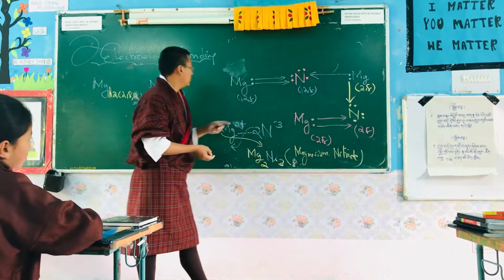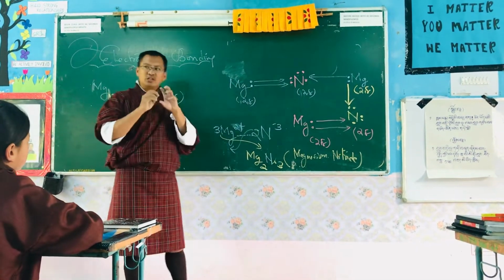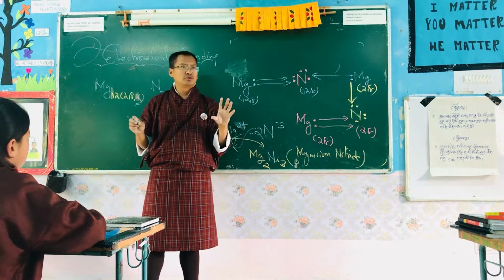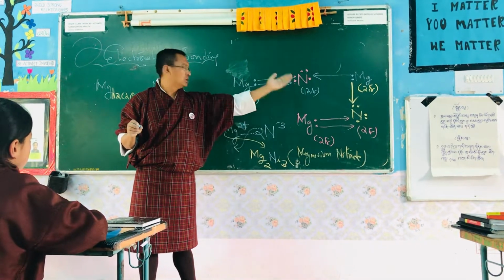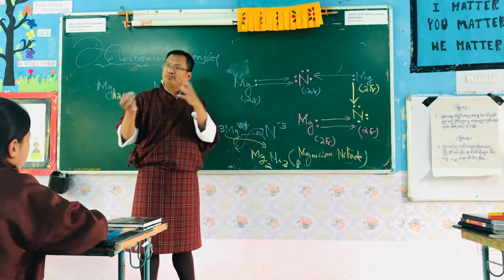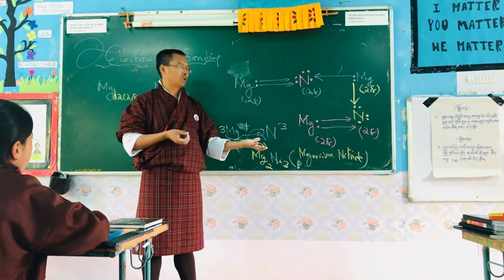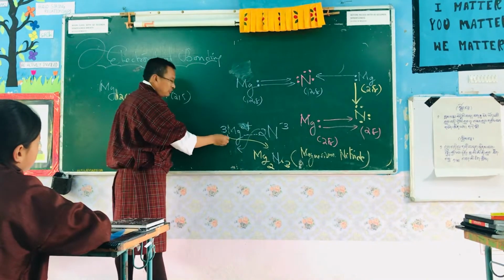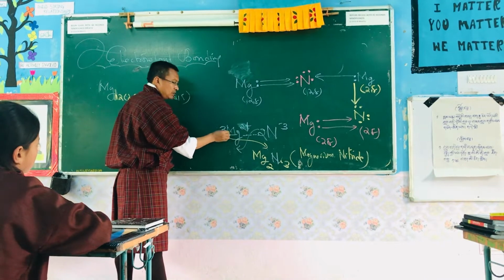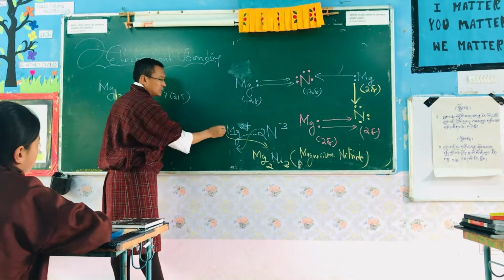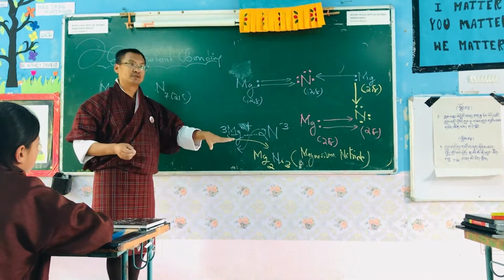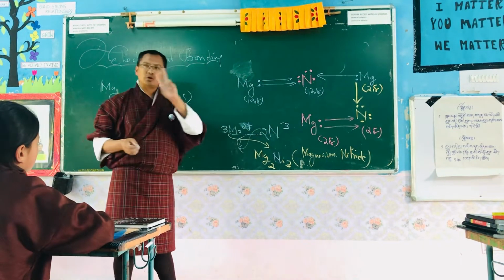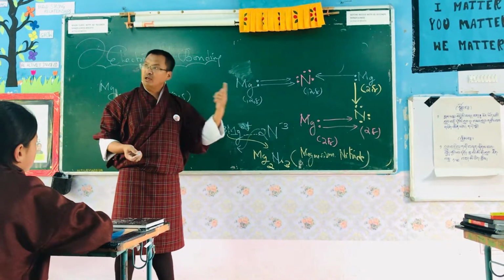So therefore, magnesium loses electrons to nitrogen, and nitrogen gains electrons from magnesium in this way. So 3 atoms of magnesium become positively charged. There are 3 atoms of magnesium that become cations. 2 atoms of nitrogen become anions.